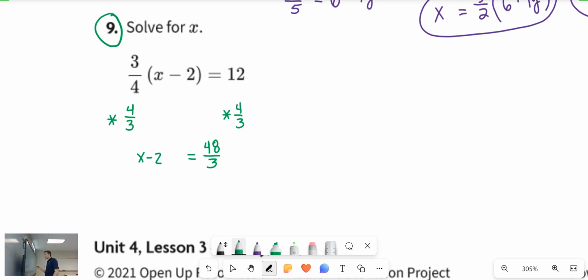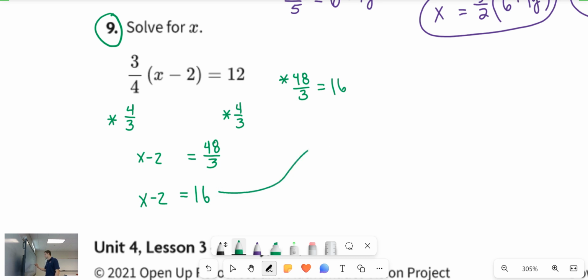Now we might want to rewrite this right now, because 48 divided by 3 is actually, and let's put a little star here, 48 divided by 3 is equal to 16. So we're actually going to rewrite this as x minus 2 equals 16.